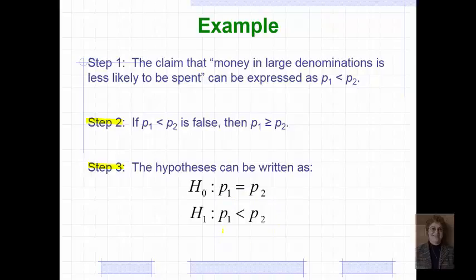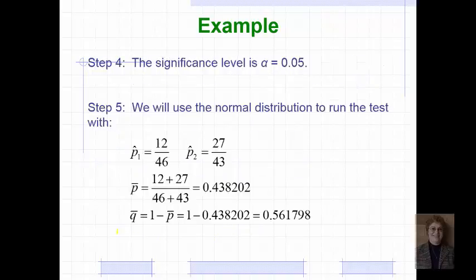We are thinking that fewer people in the dollar group are going to spend their money than in the 4 quarters group. So p1 is less than p2 are our 2 appropriate hypotheses. And then this is step 2. And this is going to be step 3.